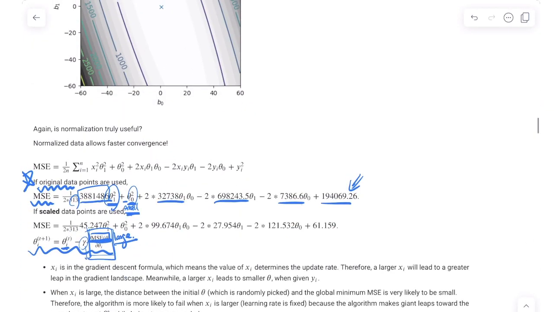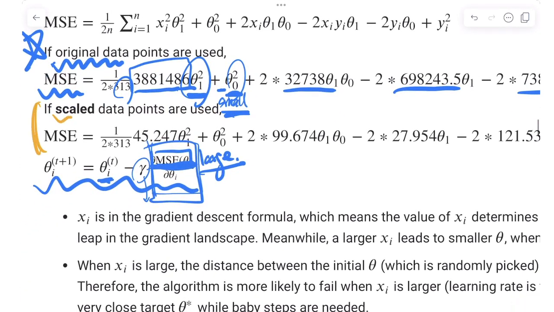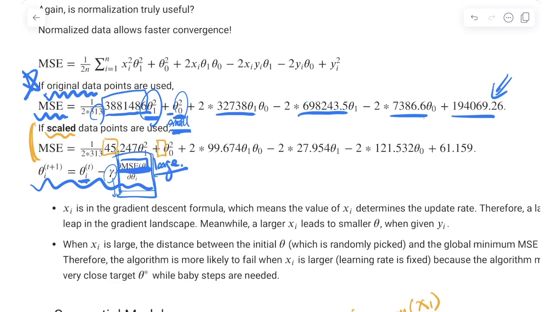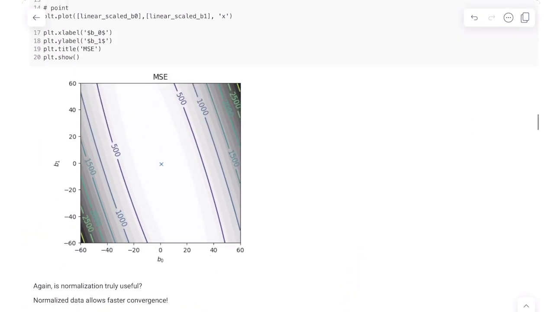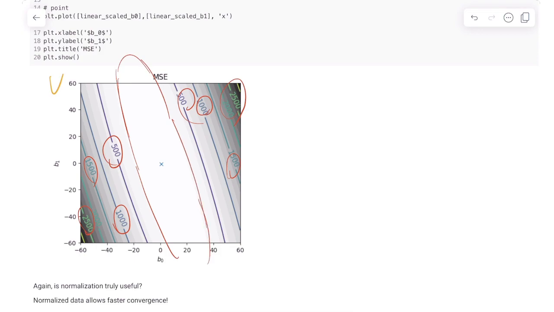So if you use the scaled data points, you can see that the slopes, the values right here, are not as big as the coefficients in the original MSE. So the basin of MSE looks like this, which is quite good. You can see that the number right here is smaller, so the slope is smaller, and there's a basin right here.